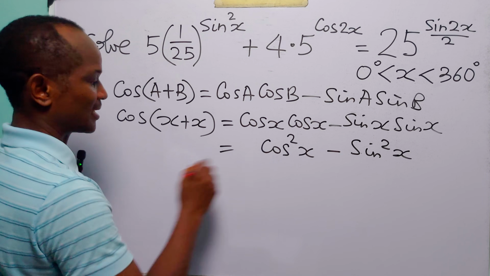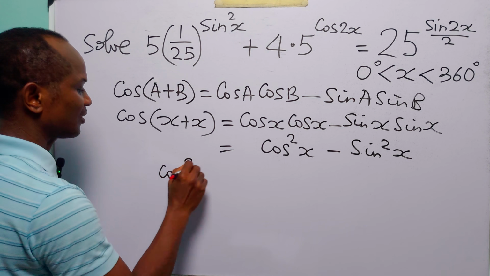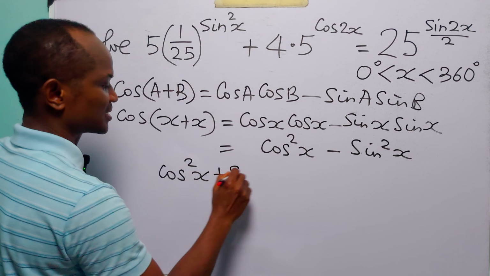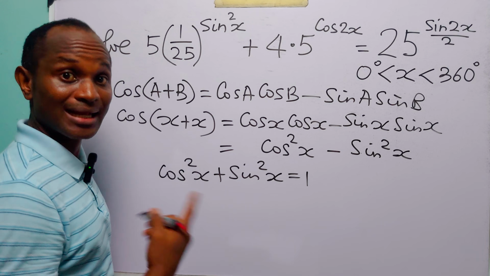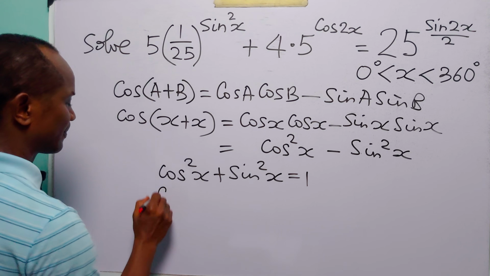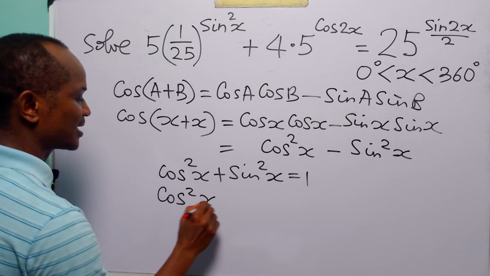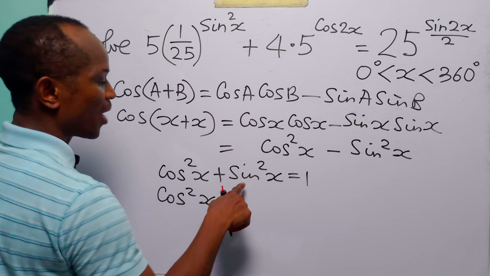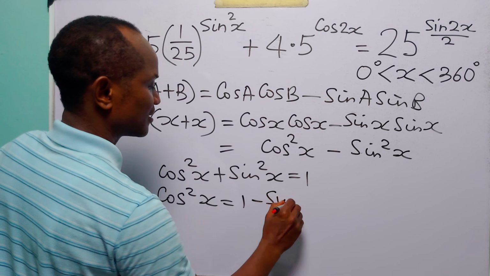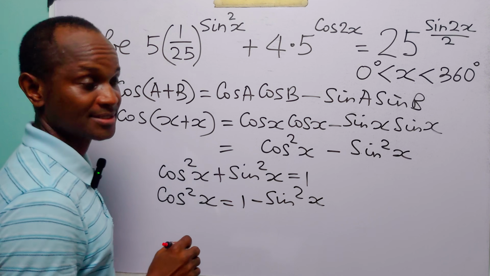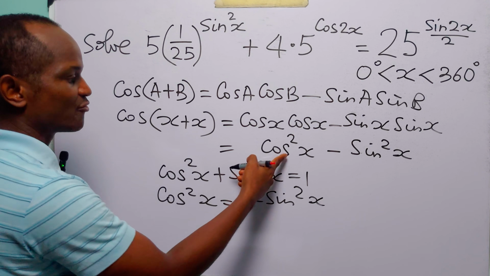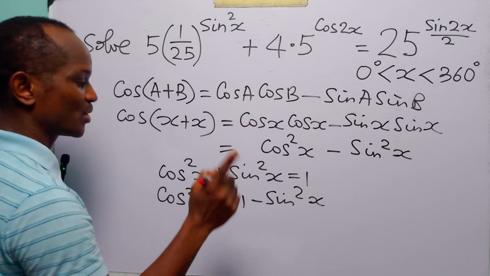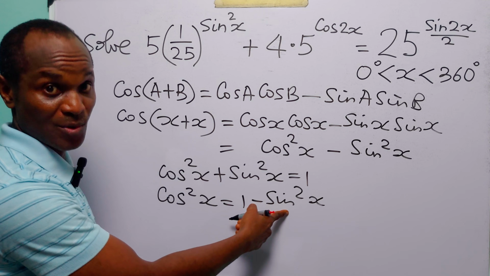Now, let us remember that cos squared x plus sin squared x is equal to 1. That means that cos squared x is equal to 1 minus sin squared x. So in this formula for cos 2x, we can replace cos squared x with 1 minus sin squared x.